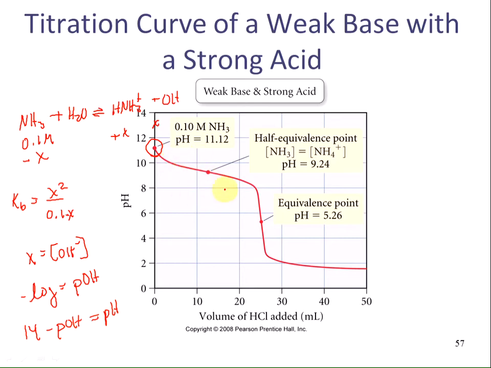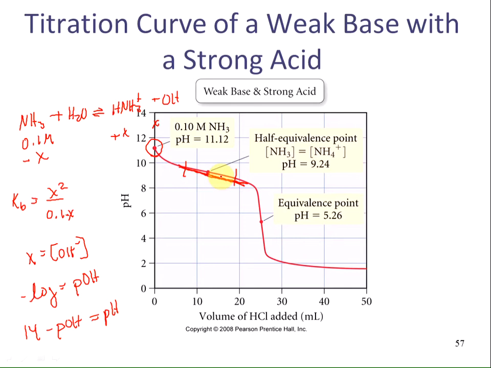Remember, the buffer region is anywhere in between that initial value when no acid has been added and the equivalence point. Anywhere along there is the buffer region. But the effective buffer region is going to be where you have that tangent line where it overlaps with the half neutralization point, where the tangent line overlaps with your titration curve.